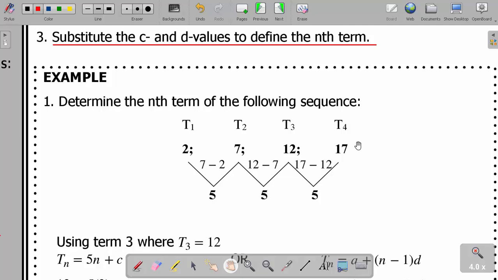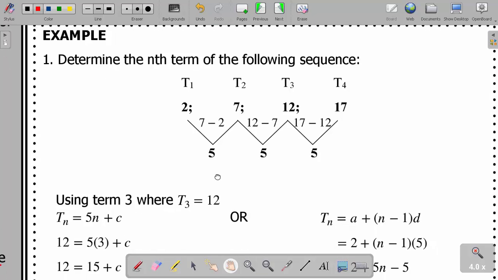Also 5. 17 minus 12, I get 5. So you see, this is 5, 5, 5. So this is a constant difference, which means this is linear. This 5 which you see is my constant difference. Now if I use term 3, if you check here, term 3, it is this one here.